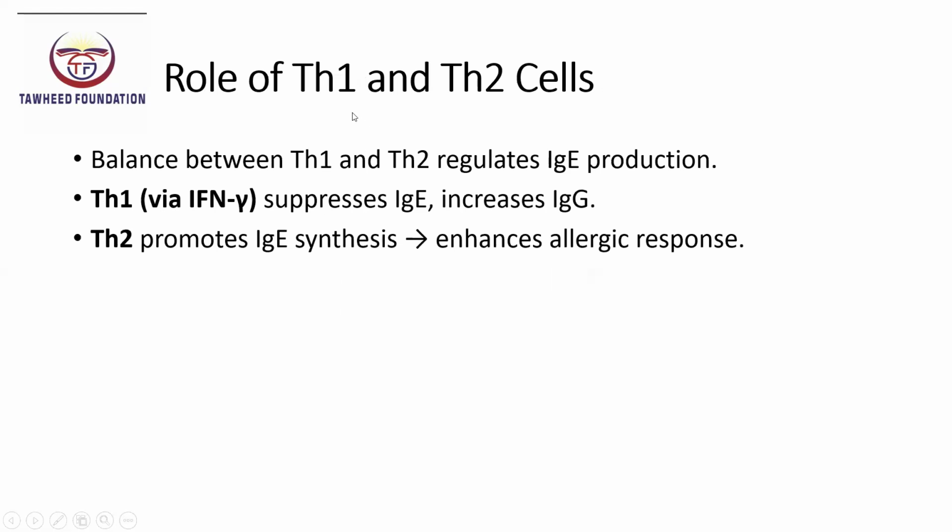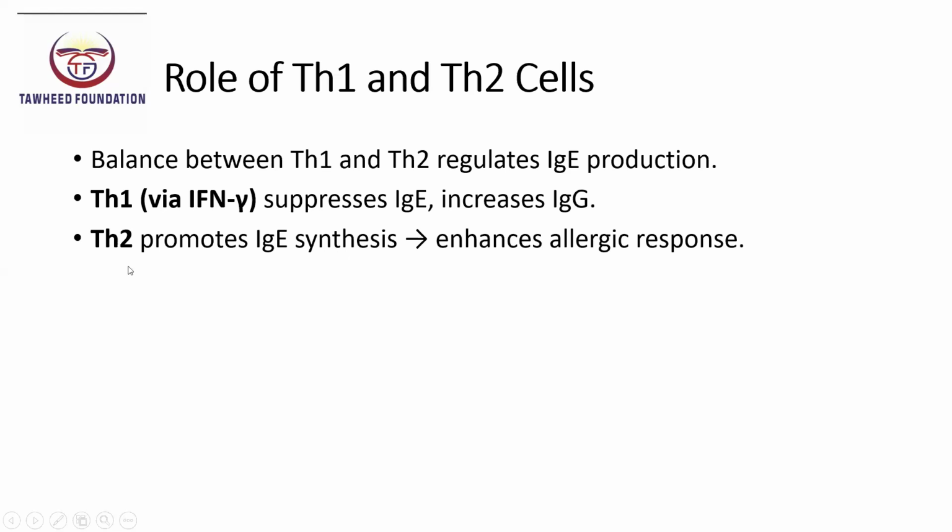Next is the role of Th1 and Th2 cells. The balance between Th1 and Th2 helper T cells is crucial in determining the type of immune response. The Th2 cells stimulate IgE production and enhance the allergic response.